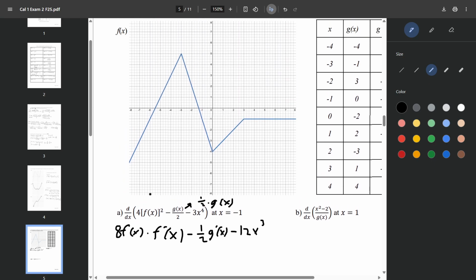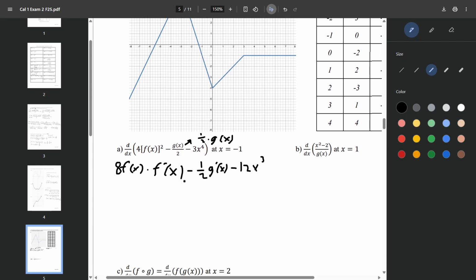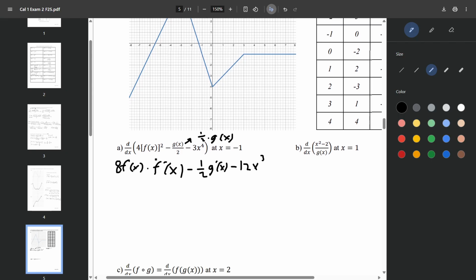Now we need to find our f of x, f prime of x, and g prime of x. So for f of x, first we plug in our value for -1.